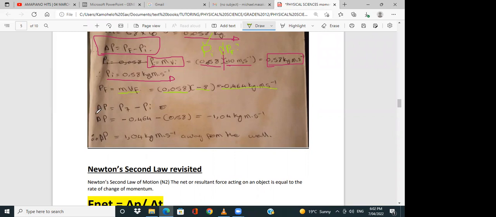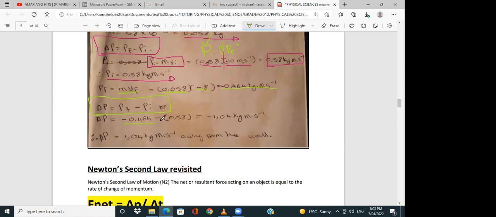Now, what's going to happen here is this. Change in P, or delta P, is PF minus PI: final momentum minus the initial momentum. Our final momentum, we found out, is negative 0.464.